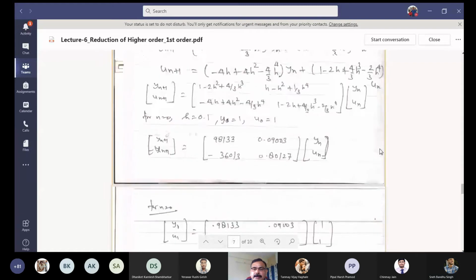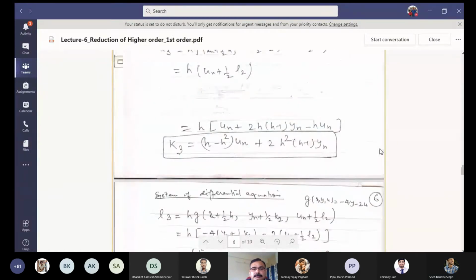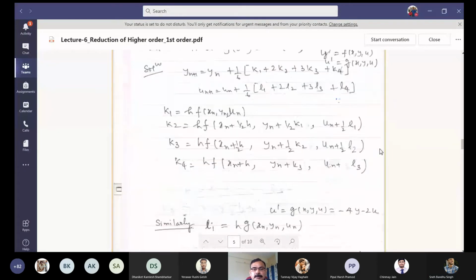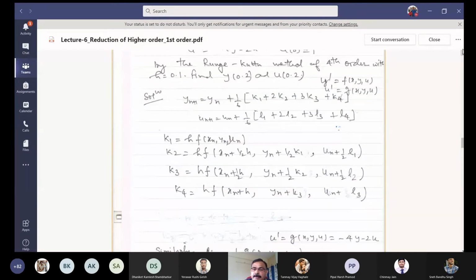Now here there are two equations, y prime equal to f, u prime equal to g. Now h into f is there, h into g is also there. The two types of slope are there. Is that right? Yes, sir. So we have to modify this fourth order Runge-Kutta method.